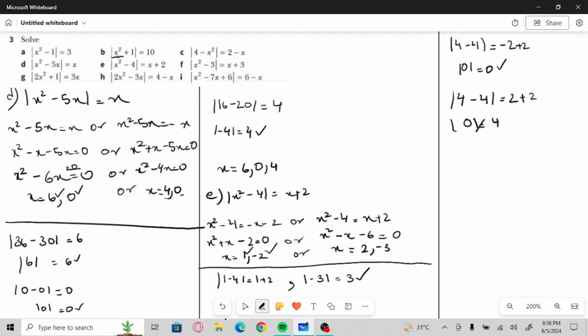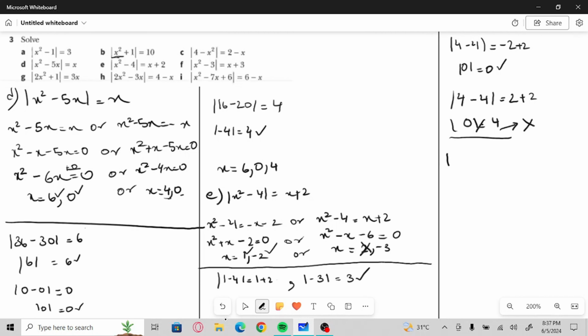So that means the value positive 2 is incorrect. Positive 2 is incorrect. Cancel this out. And that's why I really emphasize that checks, checks, checks. They are part of the question and the question is not completed without them. So be careful here.